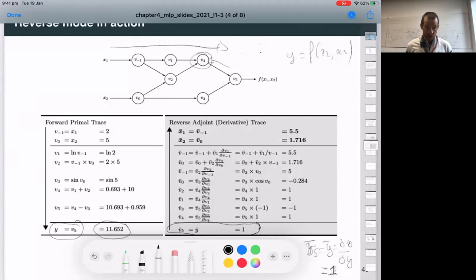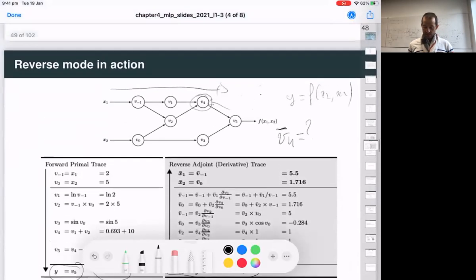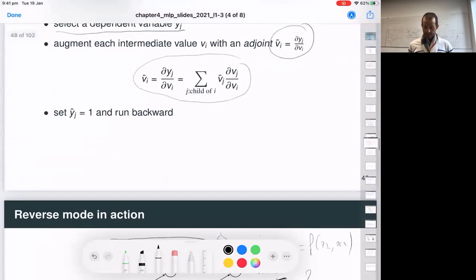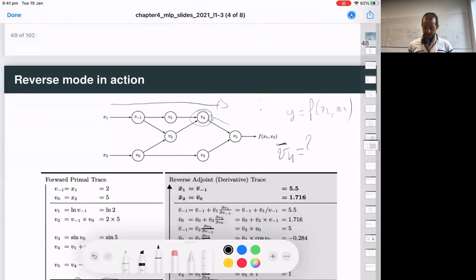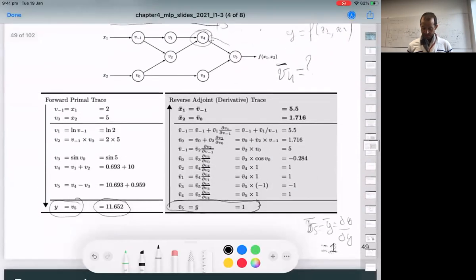What is the definition of v4 bar? If somebody can tell me. It is my notation: the derivative of y with respect to v4. Agree?